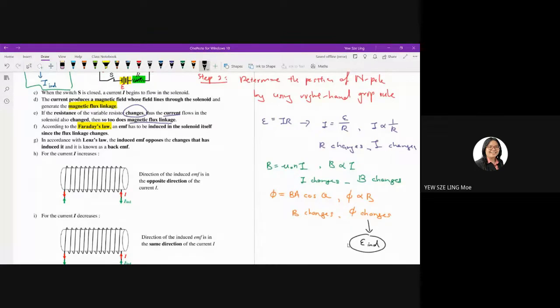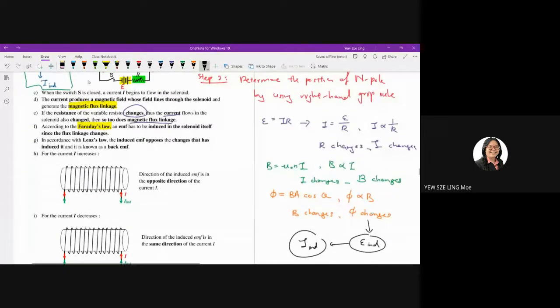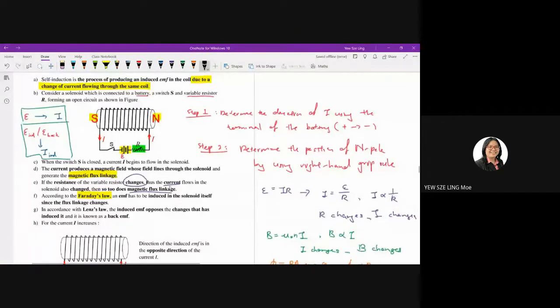And once you have induced EMF, it will produce induced current, because of your induced magnetic field, your B induced. Now let us see. After you prove that there's a change in magnetic flux, and you know that an EMF is already induced in the solenoid, how are we going to determine the direction?